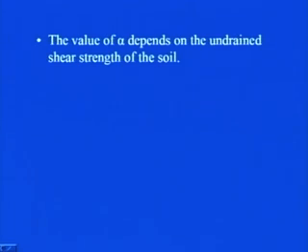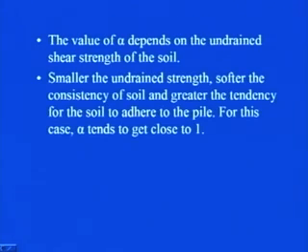Now, how can we estimate these values of alpha? The values of alpha depend on the undrained shear strength of the soil. Smaller the undrained strength, softer the consistency of soil and greater the tendency for the soil to adhere to the pile. For this case, alpha will tend close to 1.